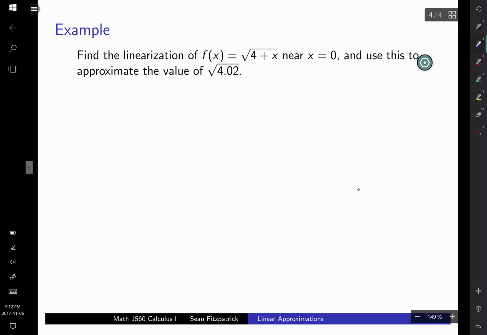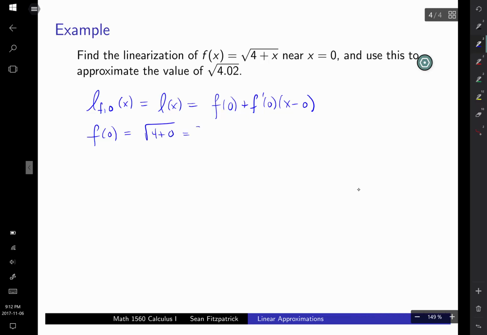We know that L of x, as we'll just call it from now on, is given by f of 0 plus f prime of 0 times x minus 0. So f of 0 we can calculate right away. That's the square root of 4 plus 0, which is 2. That's convenient, right? We have a perfect square under the square root, so that square root is easy to calculate.